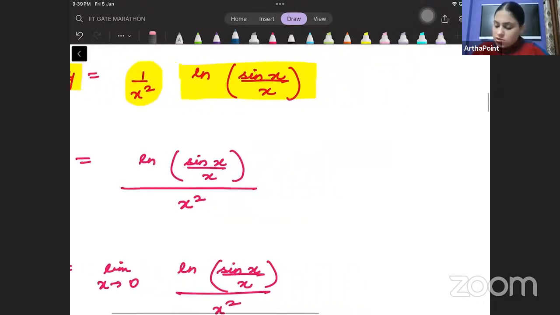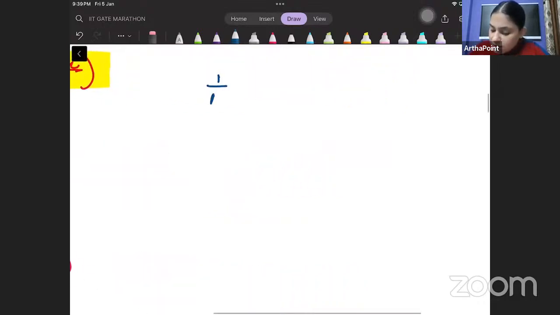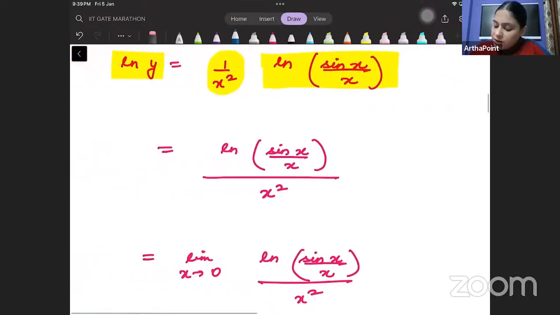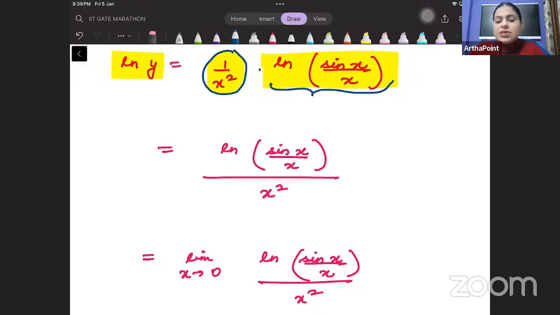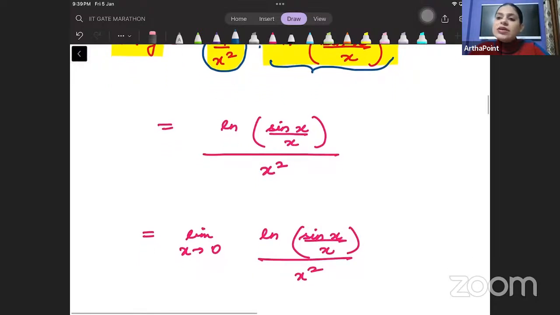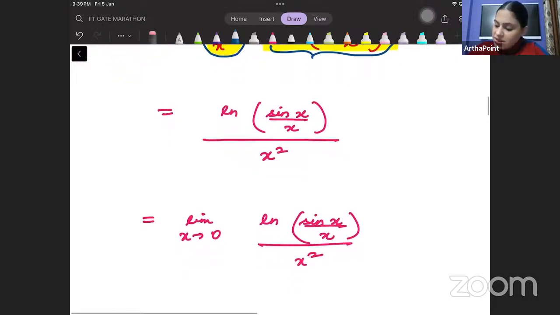Just think about this: if I tell you 1 by a into b, can I simply write this as b divided by a? Simple. So because this is 1 by x square into this, it means my x square is in the denominator. So I bring this x square to the denominator and I will get ln sin x by x divided by x square.